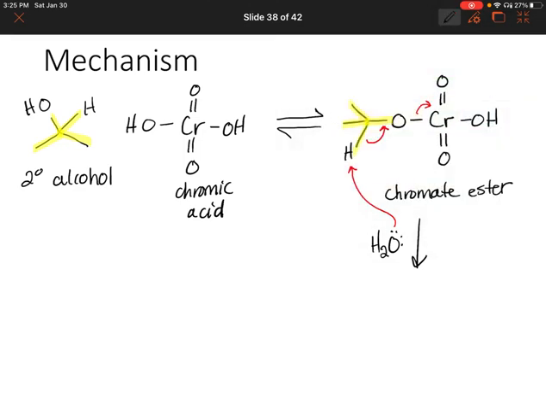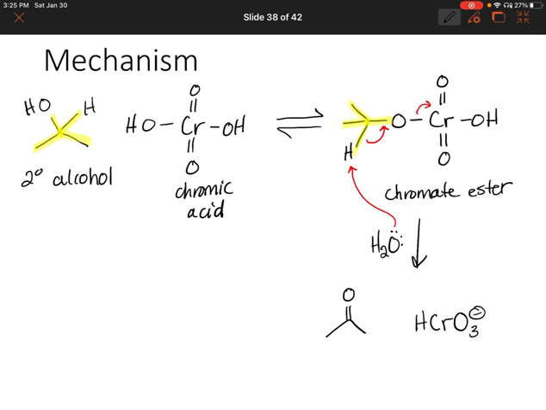So eventually we end up with our ketone. And then we also have an ion from our chromate ester. So don't worry too much about the mechanism. This one's a little more complex, so we'll just leave it there. But you kind of get the general idea of how the ketone is formed.